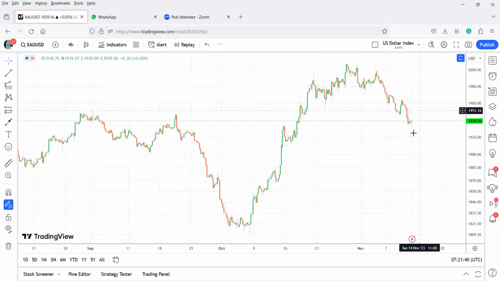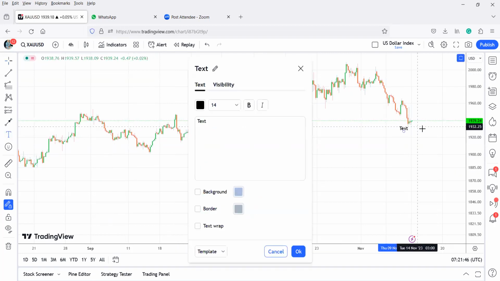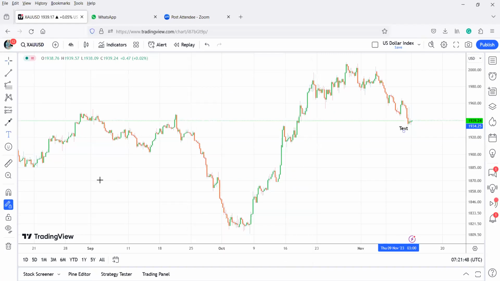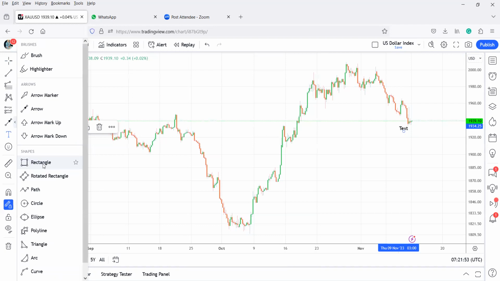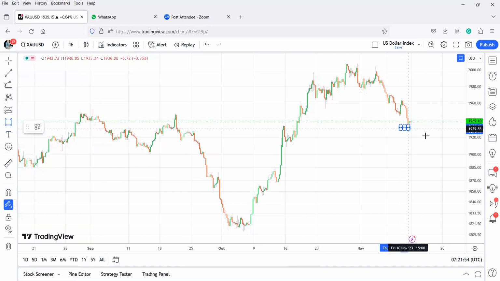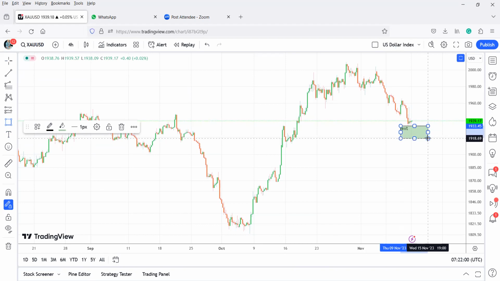If you are trading gold right now, we have defined the buy zones. Between 1930 and 1920 is the buy zone. That remains irrespective of what news you are watching.